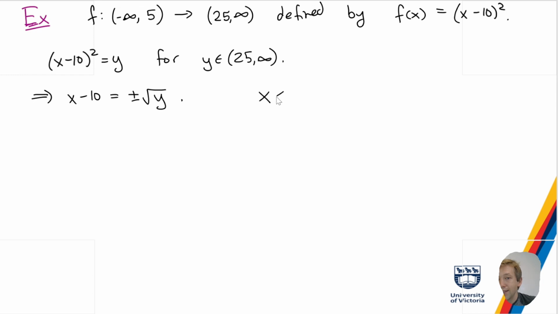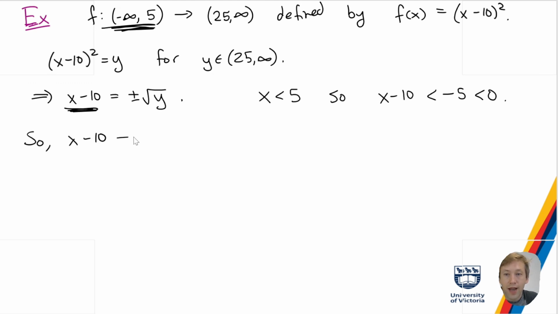This time x is less than 5, right? If x is in the domain of f, so x minus 10 is less than -5, which is definitely less than 0. Okay, so we know that actually this is always going to be negative. So we need to take the negative square root of y, because x minus 10 is negative.